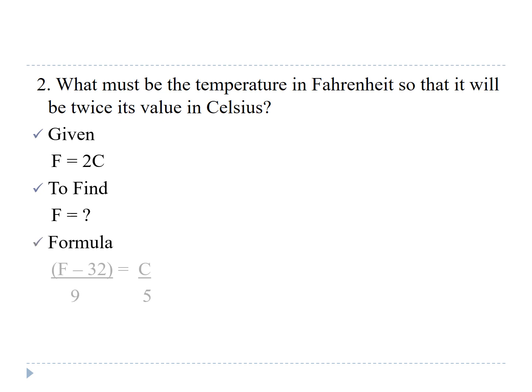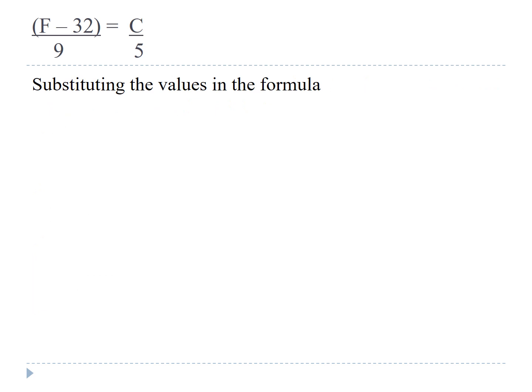So the formula is the same thing, (F minus 32) divided by 9 is equal to C upon 5. Here the condition they have given is Fahrenheit is twice that of Celsius. So find out what is Fahrenheit. Alright, so we are going to use this formula and we'll just see how this comes out to be. The only thing you're going to do is substitute in the formula.